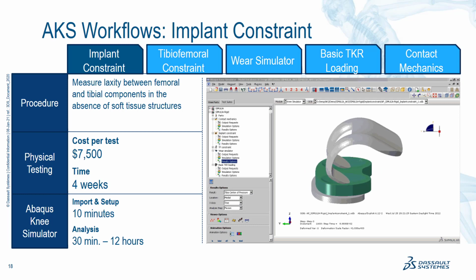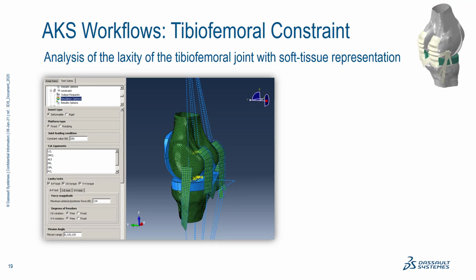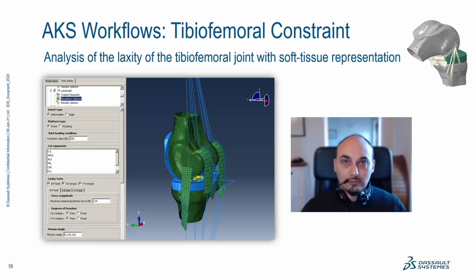Again, here we can see the cost for physical testing, $7,500, and again 4 weeks for completing a test. On the contrary, in Abaqus, it's up to 10 minutes just for the setup, and from 30 minutes to 12 hours for the entire analysis. So very, very important.